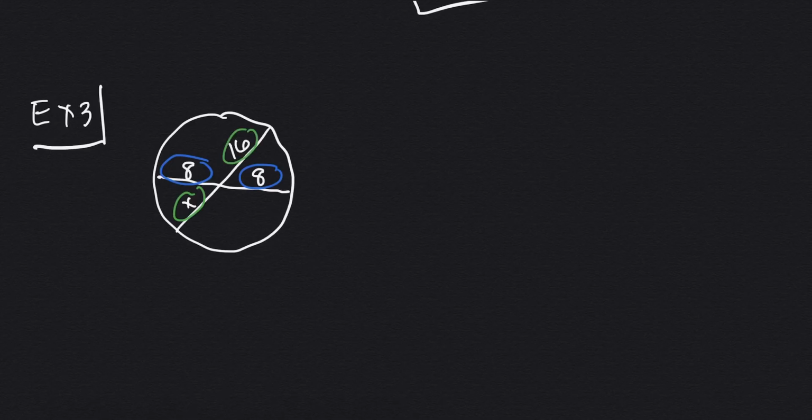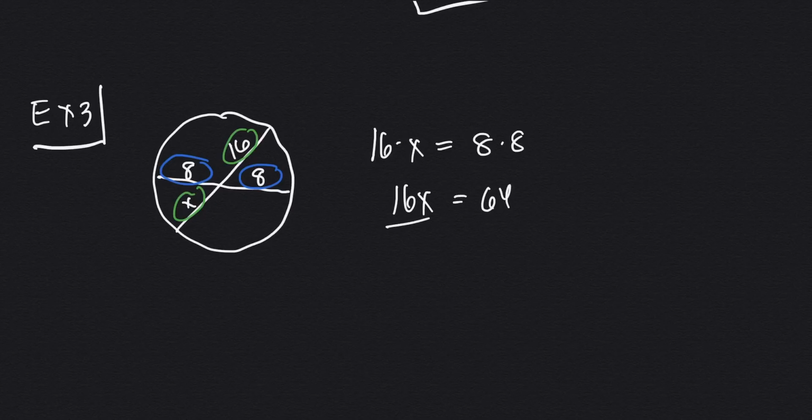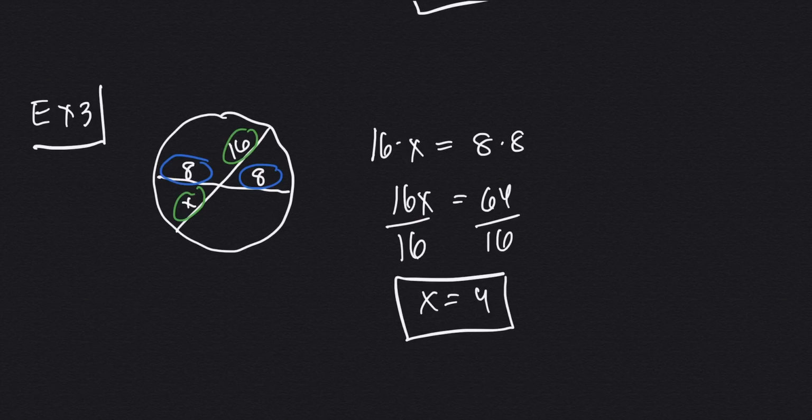So now here's our equation. 16 times X equals 8 times 8. Simplify that equation. 16X equals 64. Divide by whatever's in front of the X. 64 divided by 16 is 4, and that is the length of the missing piece.